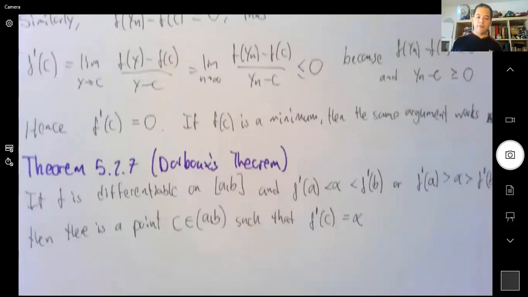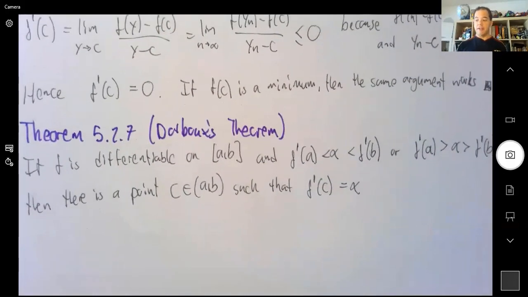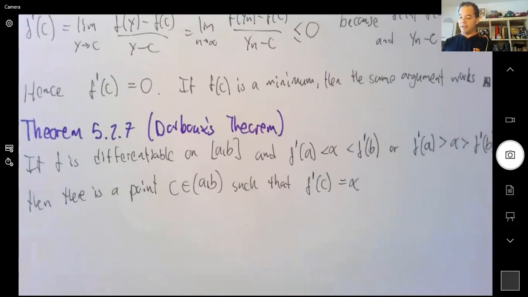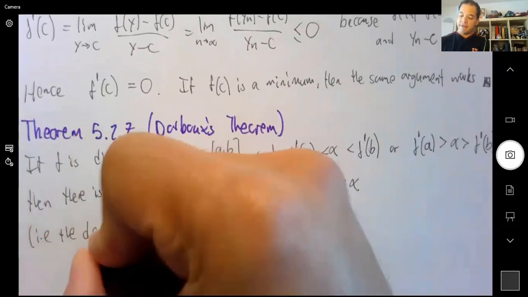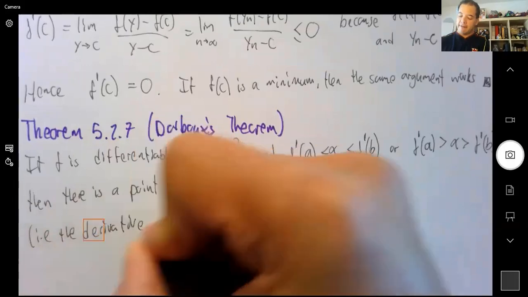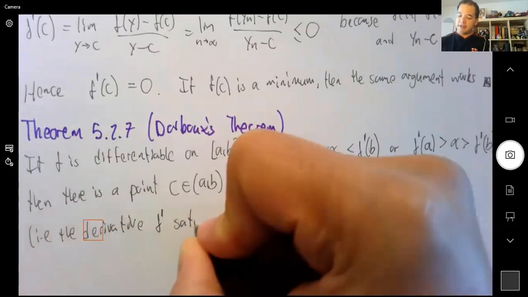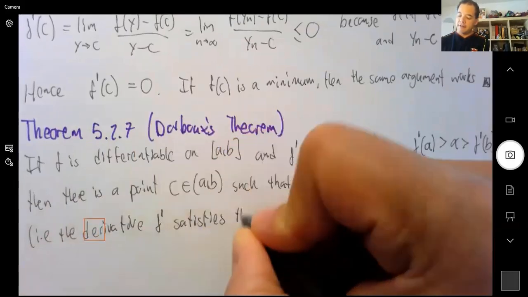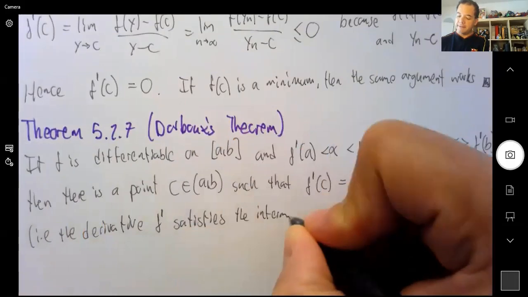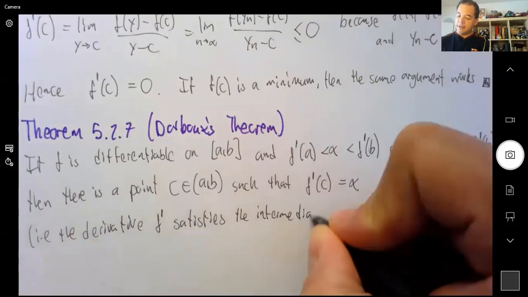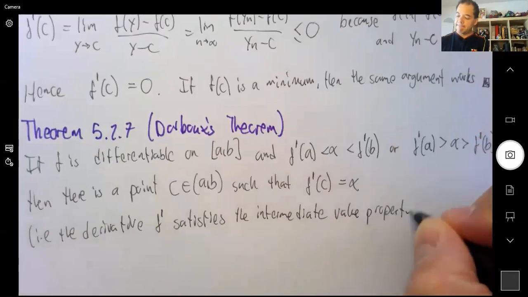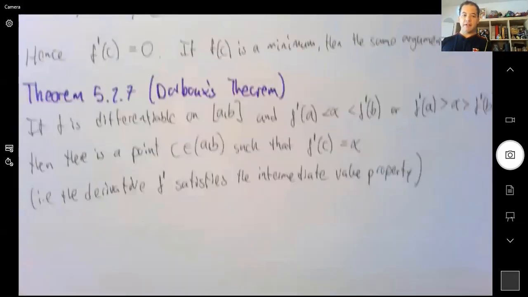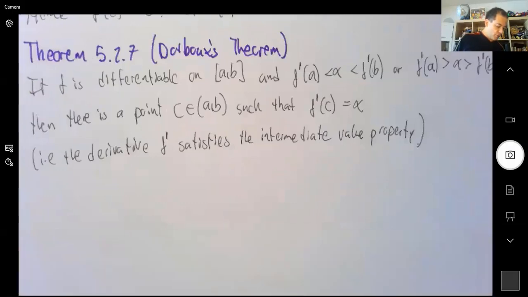So in other words, the derivative satisfies the intermediate value property. The derivative f prime satisfies the intermediate value property. Okay, is that clear? So this is now what we want to prove.